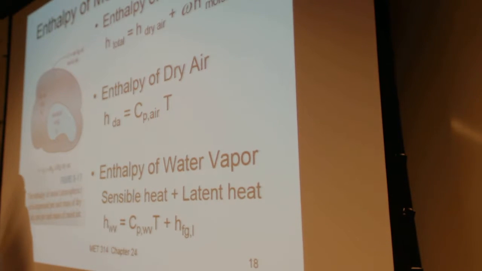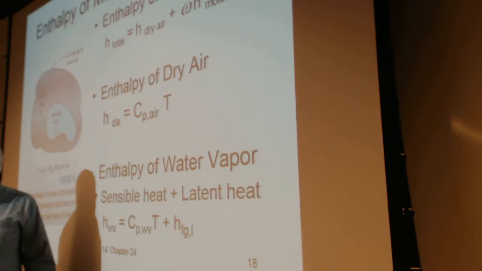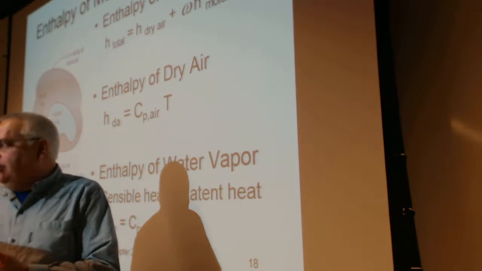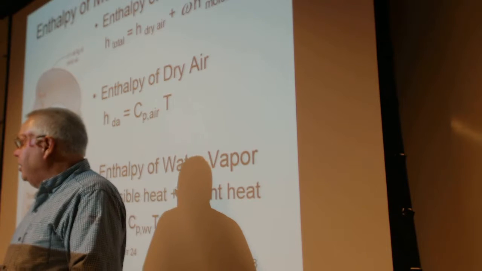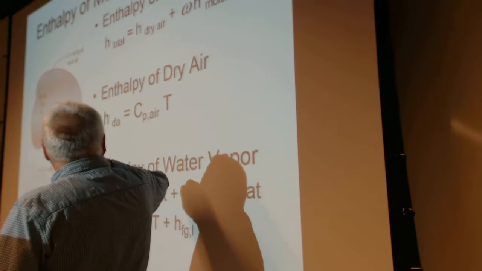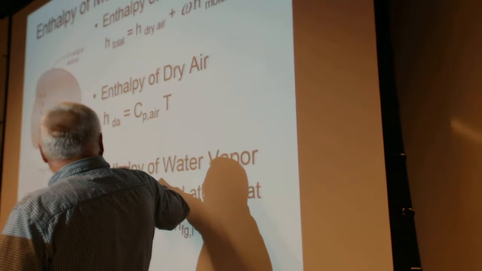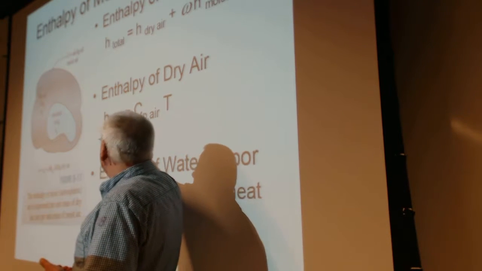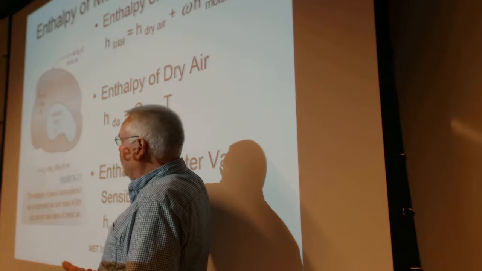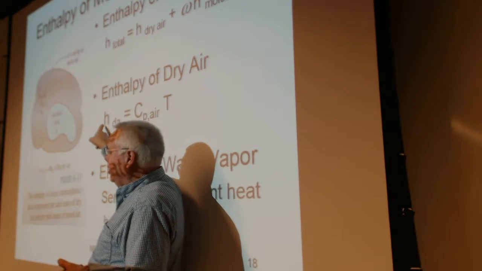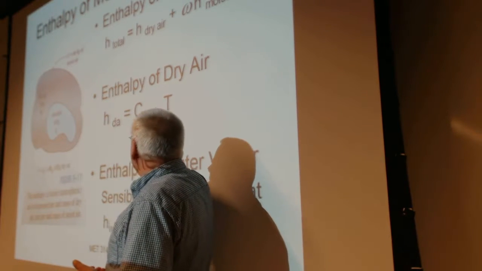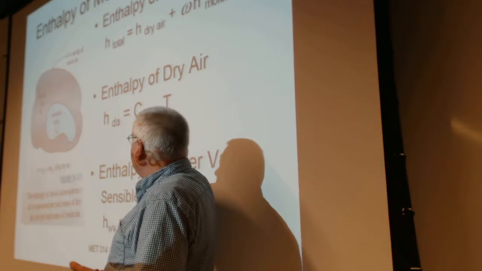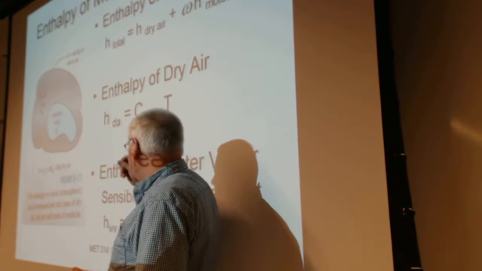The total enthalpy, the energy in the air, is related to its temperature. But if you think about dry air, the plain old air, you've got a C sub P times a change in temperature. This should all be changes: delta H equals C sub P delta T. And this is a number like 1.